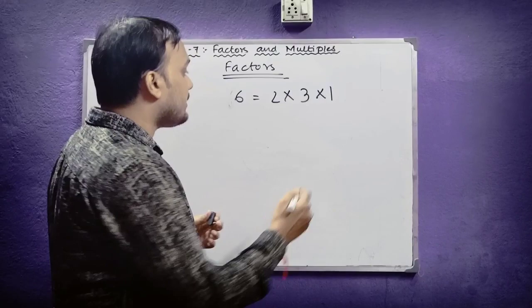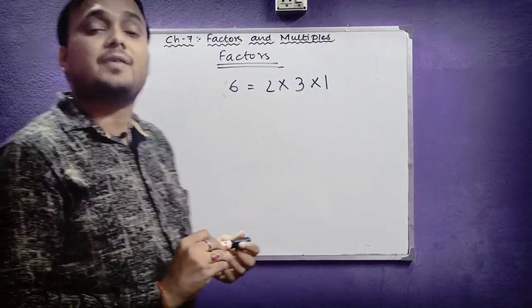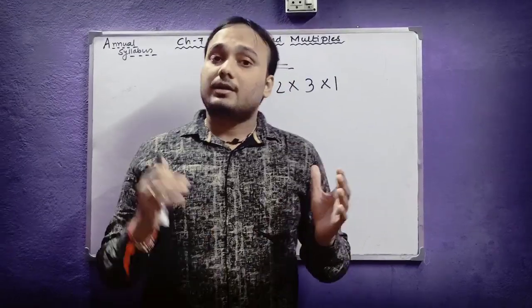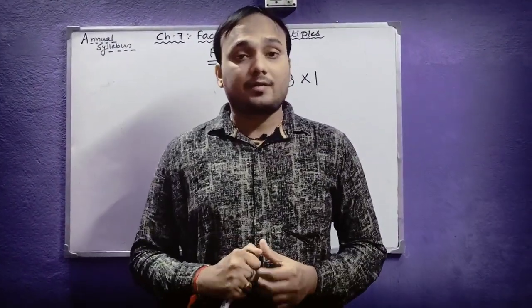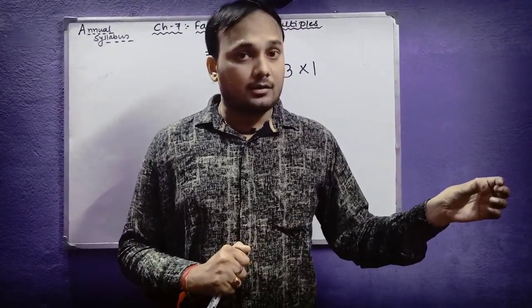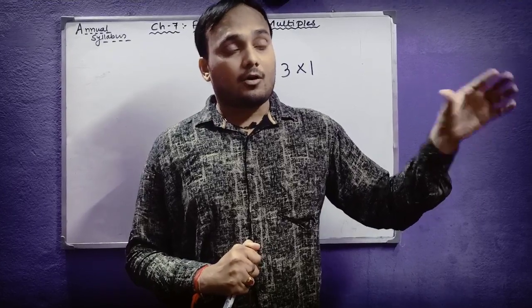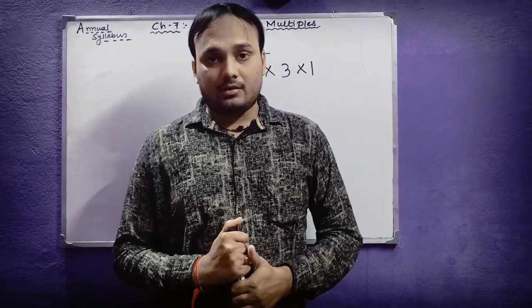Also let me remind you that 6 is also a factor of 6. The number itself is also a factor of the number, so 6 has factors 2, 3, 1 as well as 6. So whenever you find any factor of any number, all the factors will be lesser than or equal to that number.